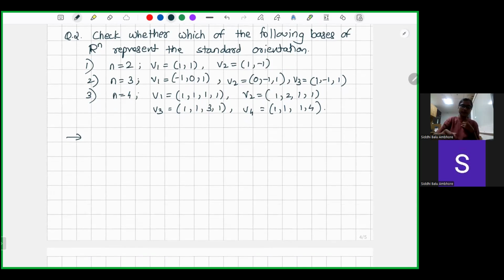So we have to find which of the following bases of Rn represent the standard orientation. So let us recall the definitions as well.